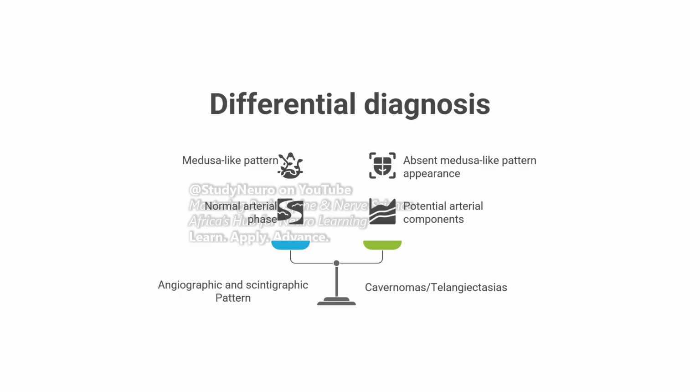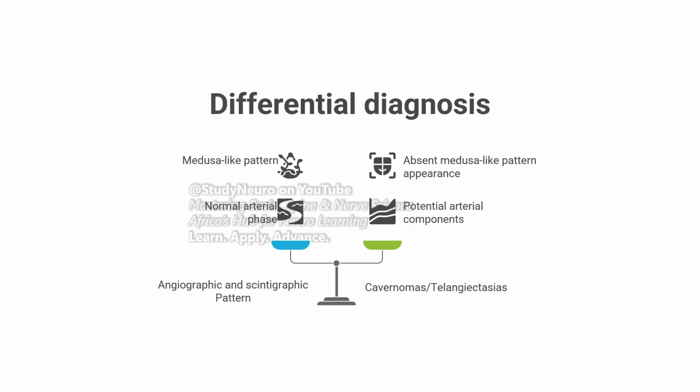When evaluating these vascular lesions, angiographic and scintigraphic studies often reveal a distinctive medusa-like configuration characterized by large confluent medullary veins. Interestingly, the capillary and arterial phases are typically unremarkable, and the lesion may show no arterial involvement at all.